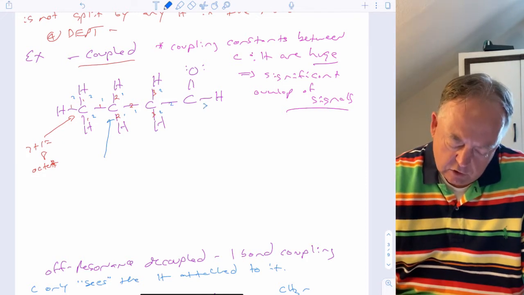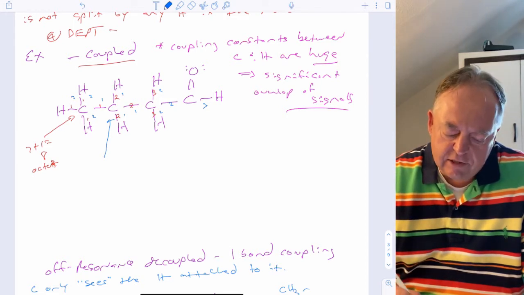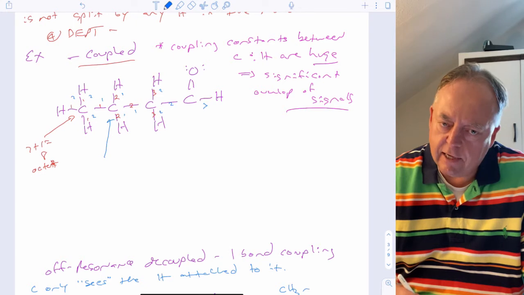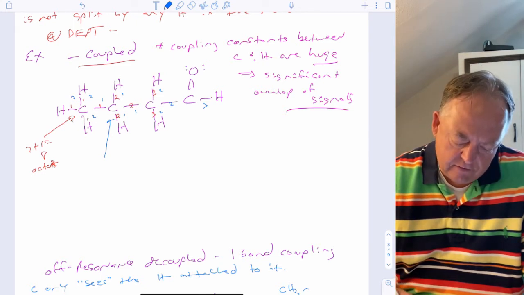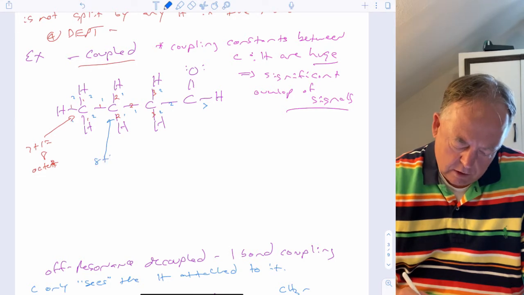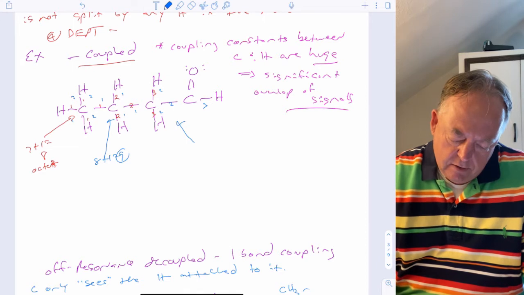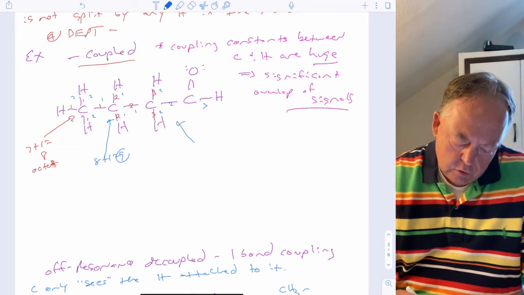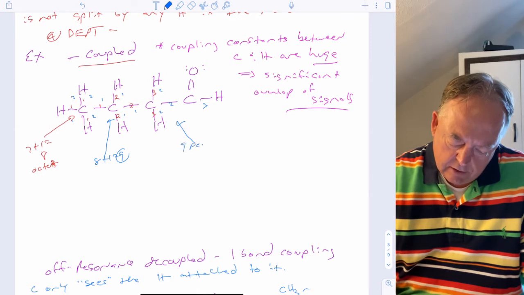That's 2, that's 3, so that CH is also within 3 bonds. So every single hydrogen in the molecule is within 3 bonds of that carbon, so it would split with every single one. That's 1, 2, 3, 4, 5, 6, 7, 8 neighbors. 8 plus 1 equals 9 peaks. So for this one, every single hydrogen is within 3 bonds, so that would be 9 peaks.